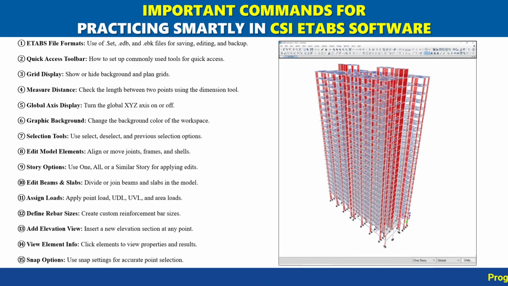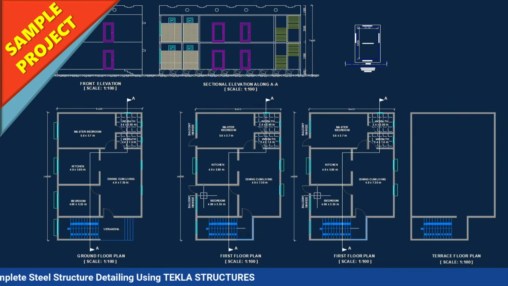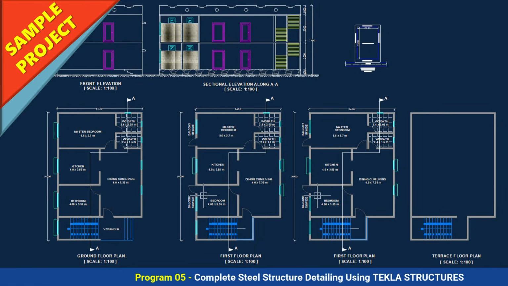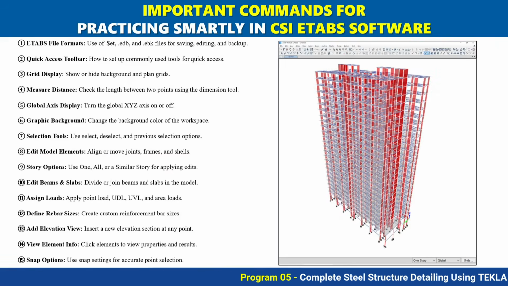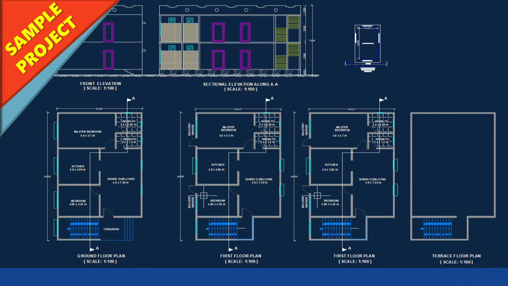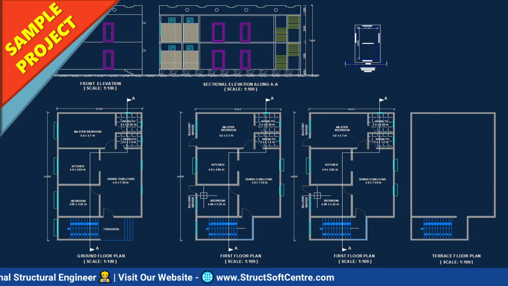Many things we are going to cover in the important commands, guys, and we are also going to learn how to operate the software. With that, in the beginner level itself, we are going to take one dummy project. After learning the commands and the validation, we are going to put all of these things into application with a sample project, to give you more insights into the software.